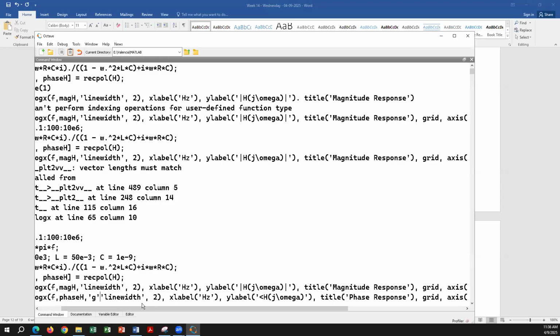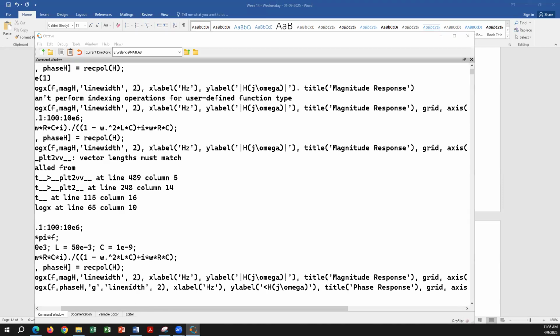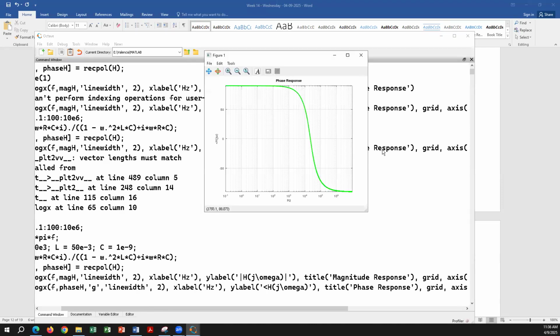Let's plot it with green color this time. And the phase response is this, starting at 90 degrees, I'm assuming this is 90 degrees, and going to -90 degrees.